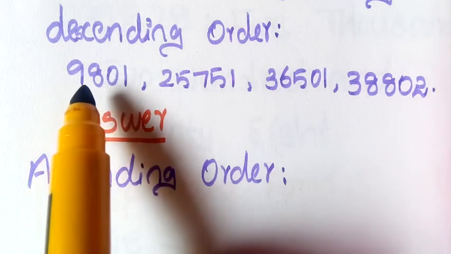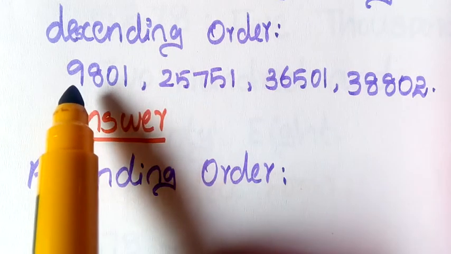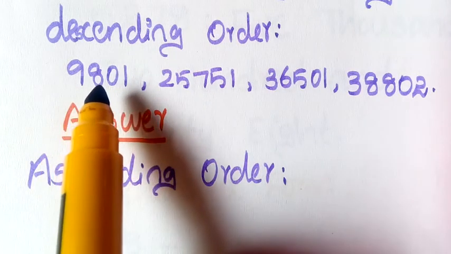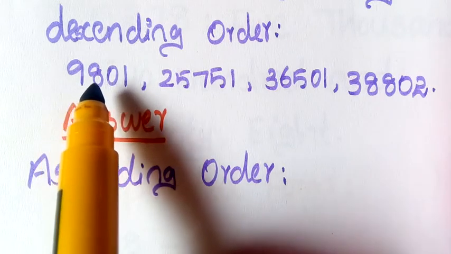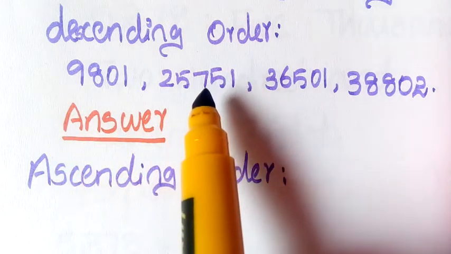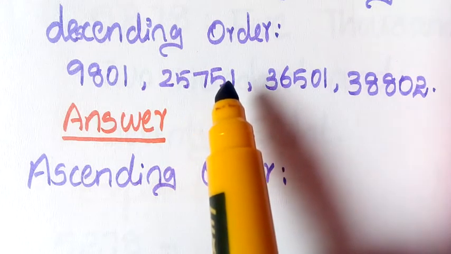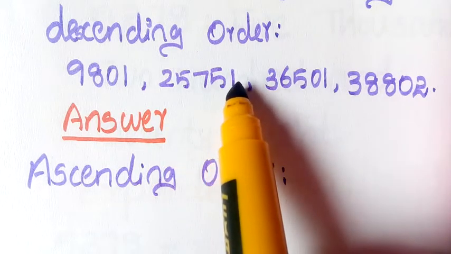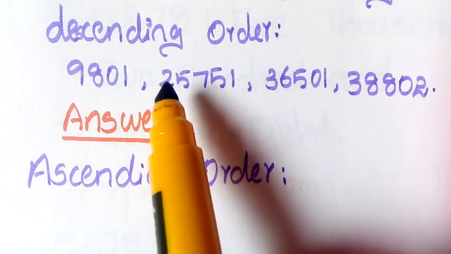Here in 9801, we have 4 digits and the greatest place value is ones, tens, hundreds, thousands. So here it has 9 thousands. In the second number, it has 5 digits and the greatest place value is ones, tens, hundreds, thousands and 10,000s.